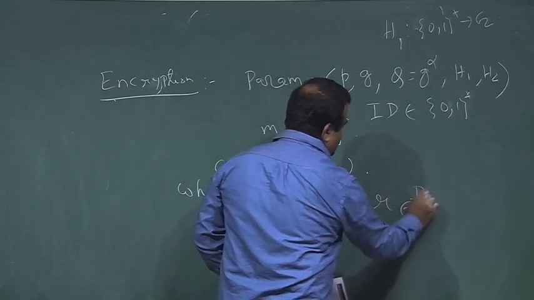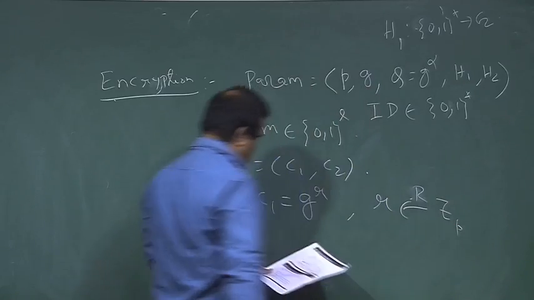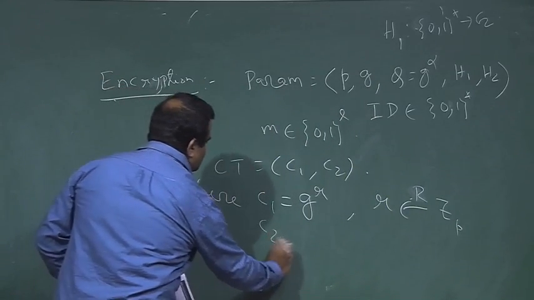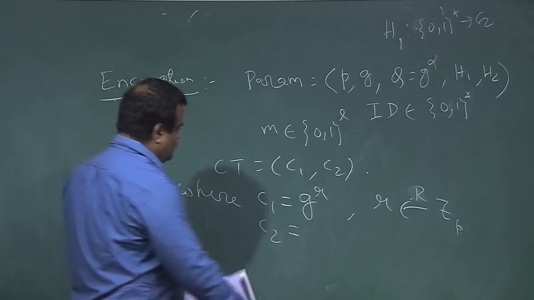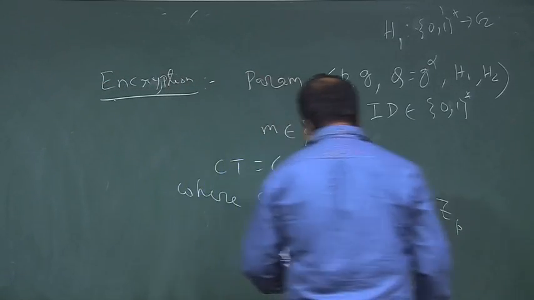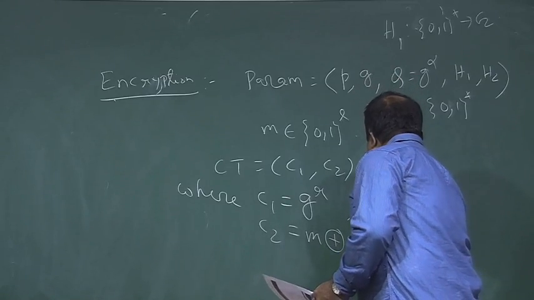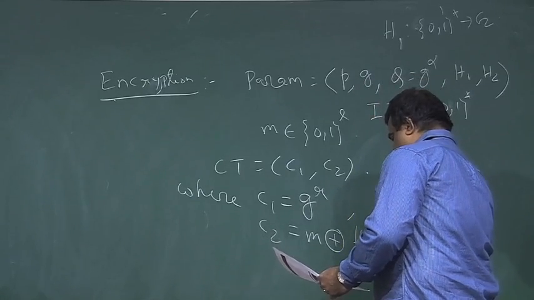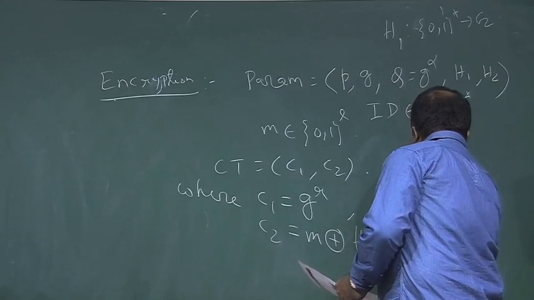The other part of the ciphertext is basically masking: M XOR with H2 of e of H1 of ID.